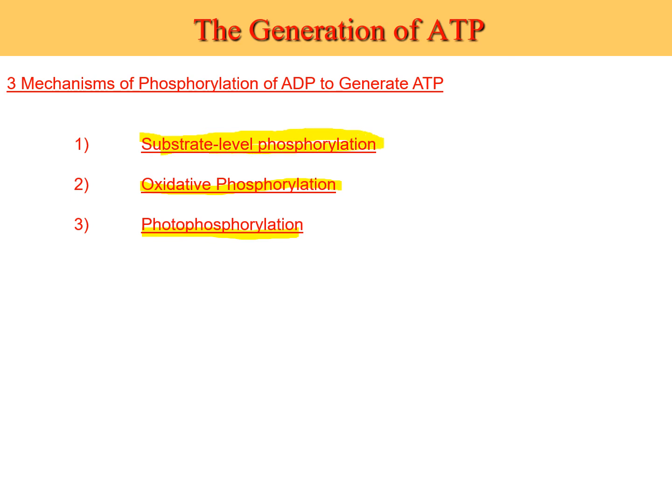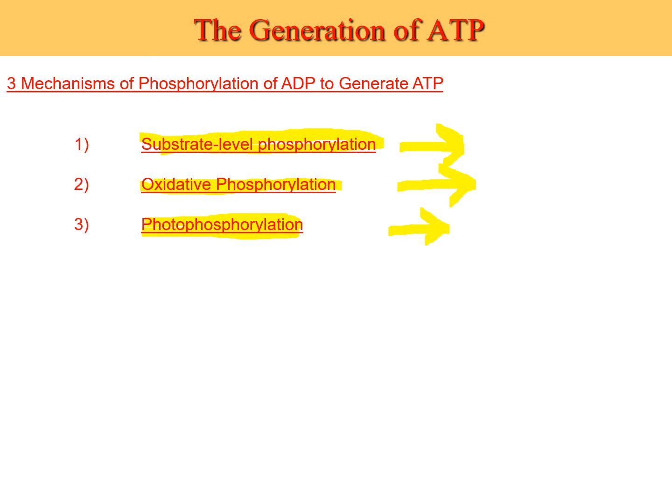I'm going to go into detail on each of these in the next few slides, but just briefly for an overview, substrate level phosphorylation involves a transfer of a phosphate from one organic molecule to another. Oxidative phosphorylation involves the processes of oxidation reduction reactions. And photophosphorylation involves light energy being trapped by molecules in the cell.